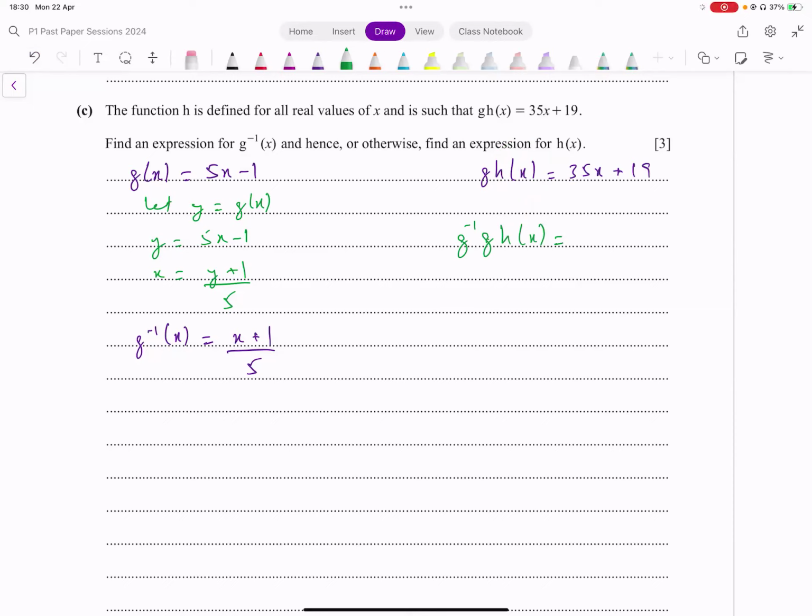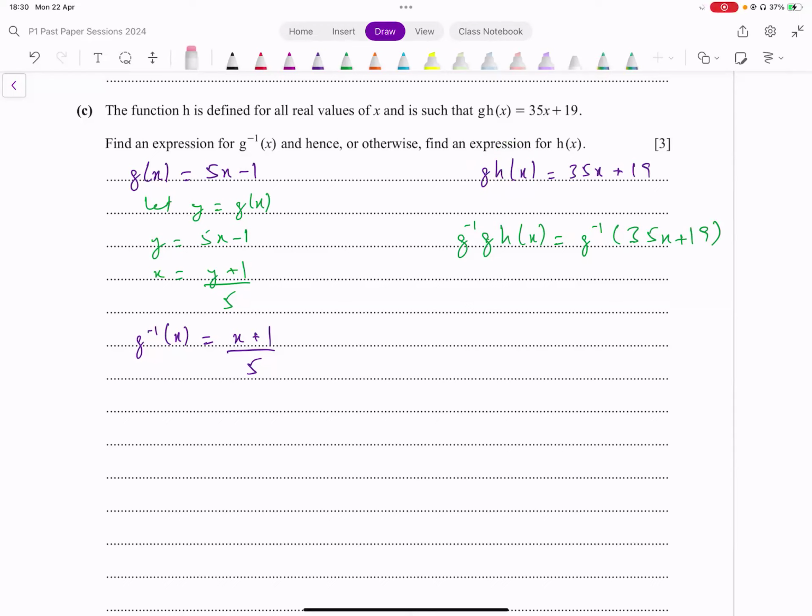But we can't just apply g inverse on the left side. We have to apply it on both sides. We say g inverse of g of h of x equals g inverse of 35x plus 19. Since we want to make h of x the subject, in order to get rid of this g, we apply g inverse in the beginning on the left side.